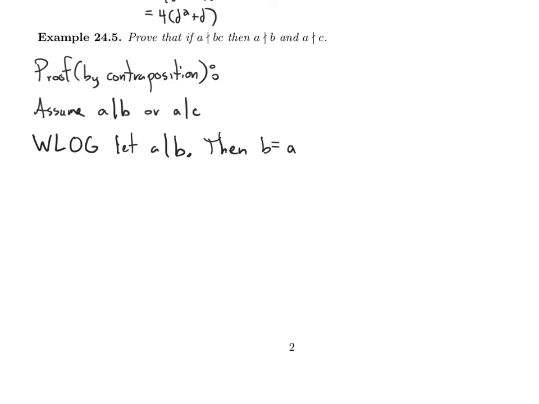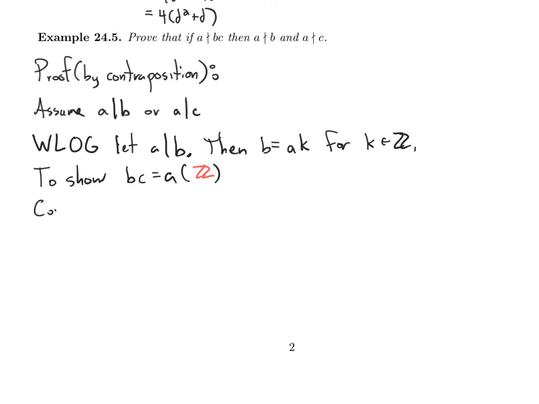Let's use K, I guess, for some integer K. And we want to show that B times C equals A times some integer, because we want to show that A is indeed a factor of B times C. This one will be pretty straightforward. So if you haven't tried this and gotten it yet, this is a good time to pause the video and try it from here.